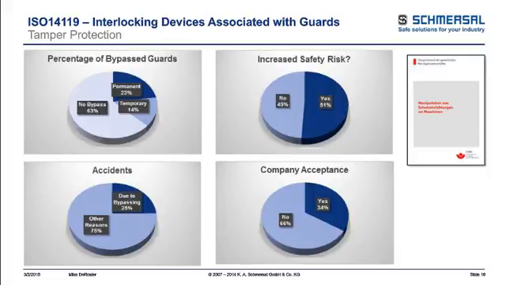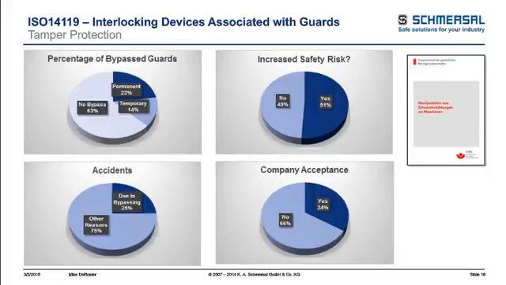Obviously, with the increased safety risk, one of the questions came out, do you feel that because of that you're at an increased safety risk? And it was split down the middle, which is kind of interesting, that many people felt that they weren't at an increased safety risk with the temporary or permanent bypassing.